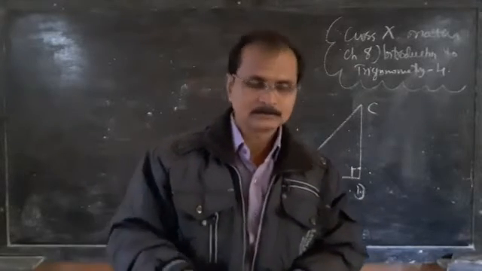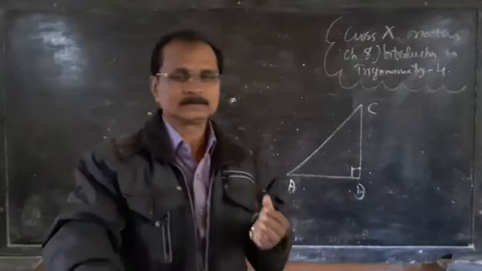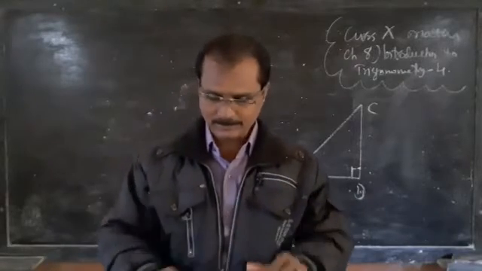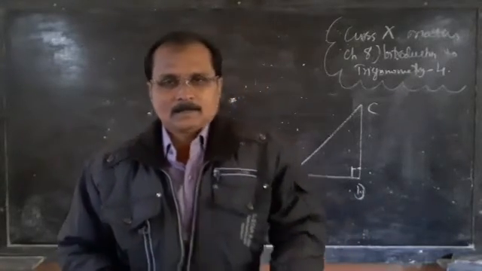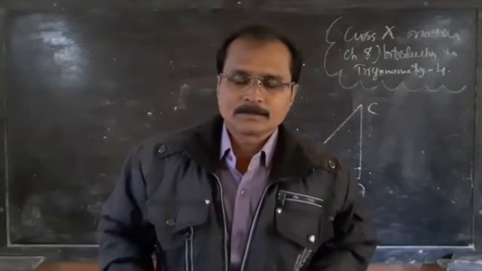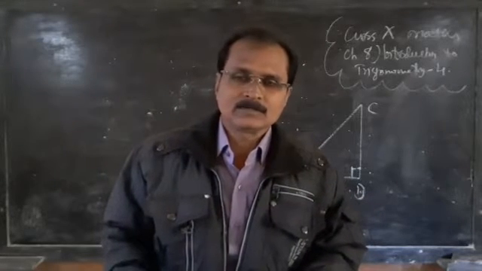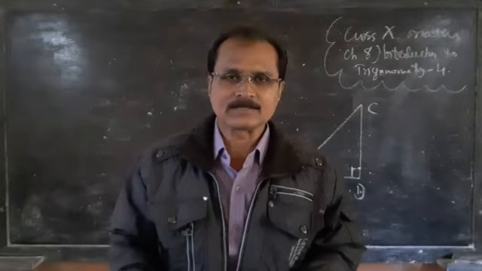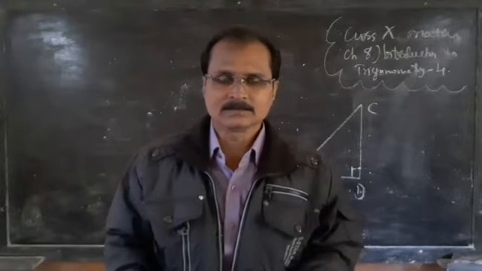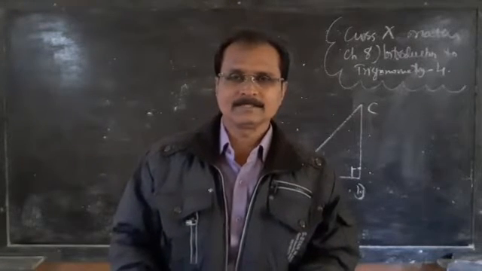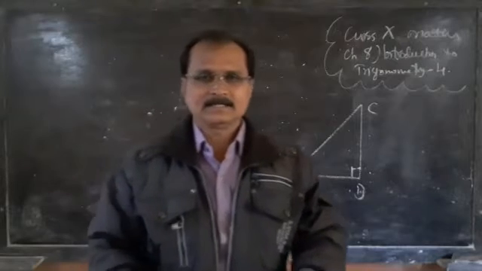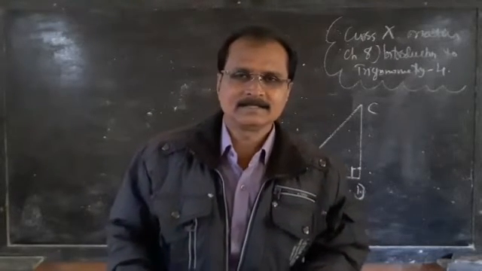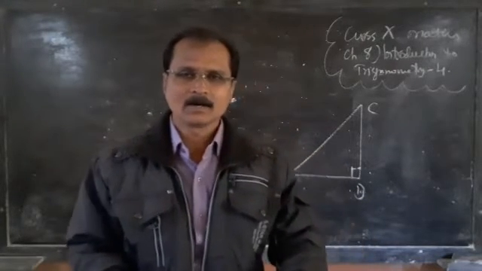Complementary angles. We have already learned the basic trigonometric ratios. Do you remember which are the 6 different trigonometric ratios? Sin theta, cos theta, tan theta, cosec theta, sec theta and cot theta.